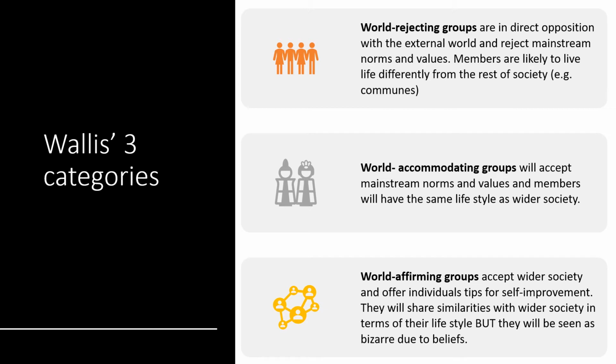And then a world affirming group accepts wider society and the things that society has to offer, but they offer individuals the ability to self-improve. So they may be seen as slightly bizarre, but they're generally things like mindfulness, things like looking for inner peace and happiness within the world around us.